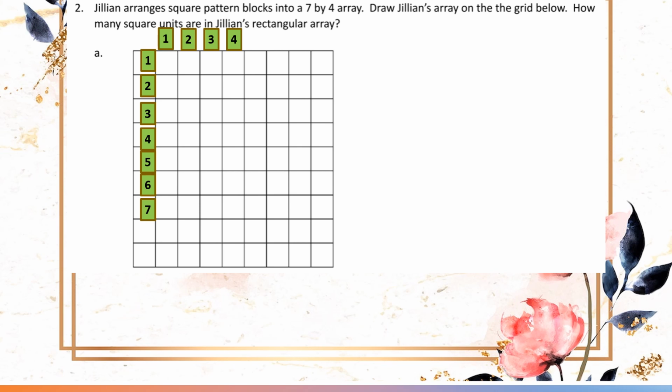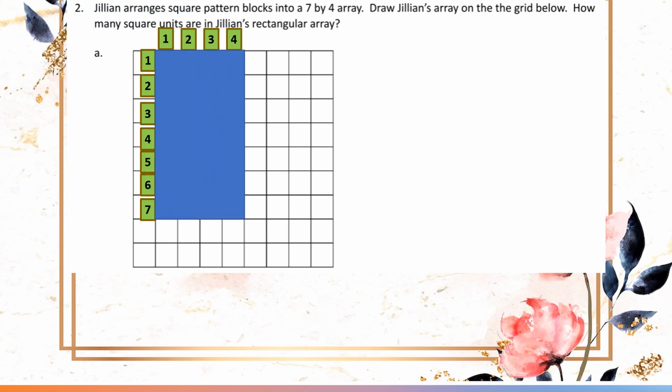So that's 7 length by 4 width. And we are supposed to draw Jillian's array on the grid below. So I'm going to shade in a rectangle that's 7 by 4. So write your numbers for the length on the side and the width across the top, and then shade in that array.